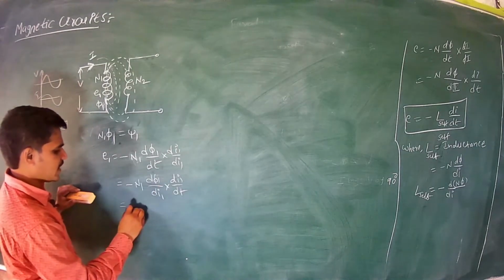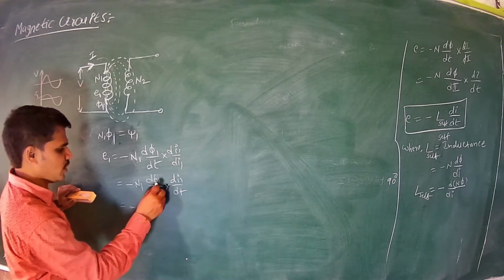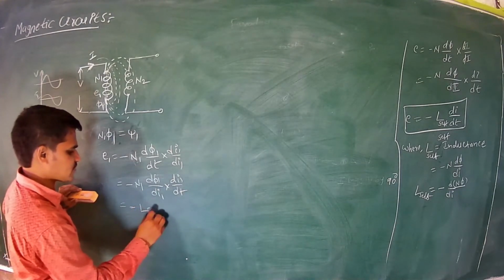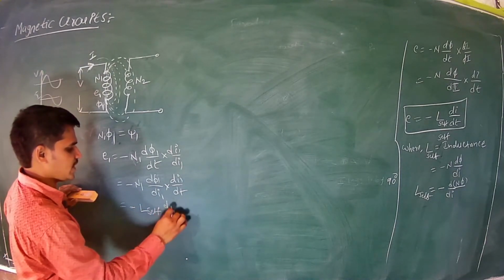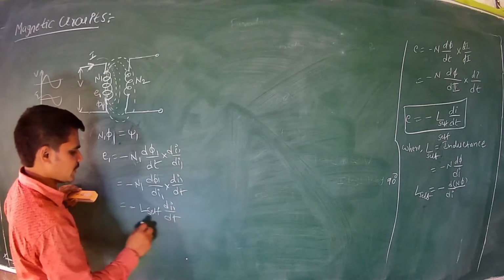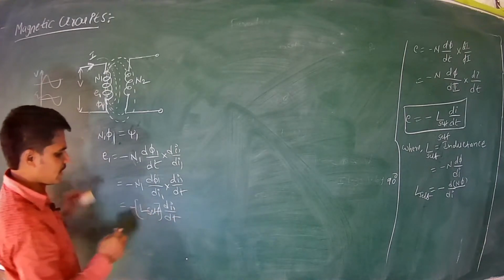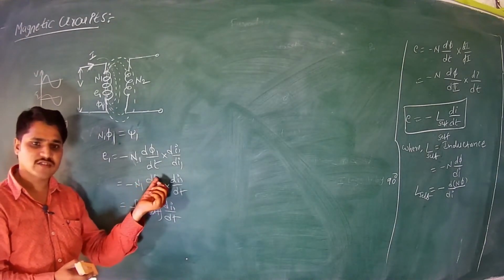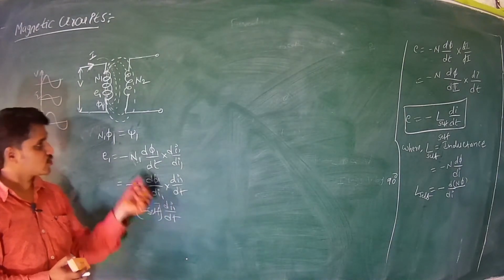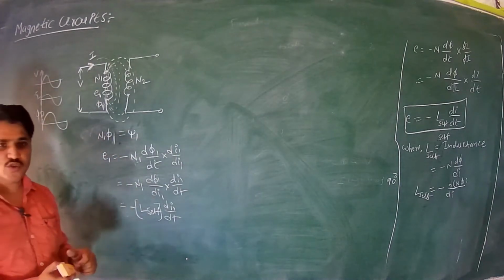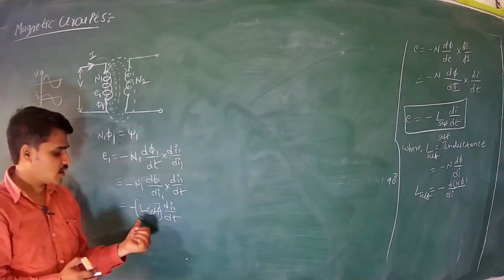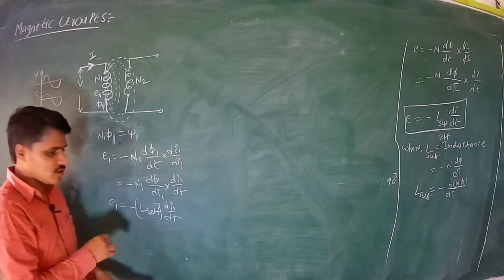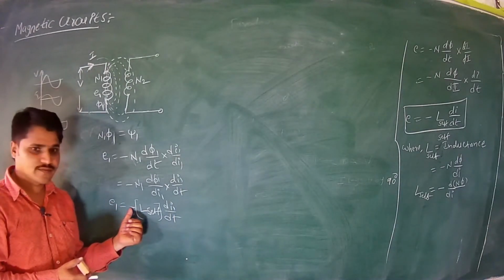Here N1 into d phi1 by di1 is written as self inductance, into di1 by dt. So self inductance is nothing but the rate of change of flux linkages, N1 into phi1, with respect to the current flowing through the same coil. The EMF induced in this first coil is called self-induced EMF, that is E1. According to Lenz's law, this carries the minus sign.